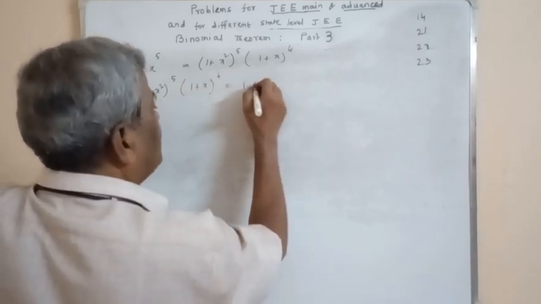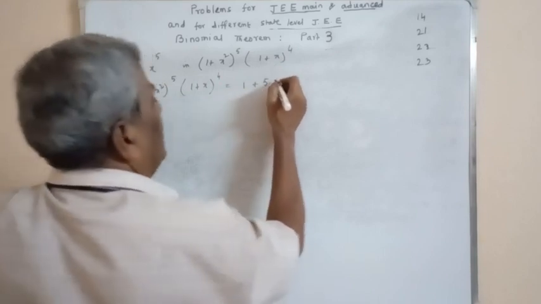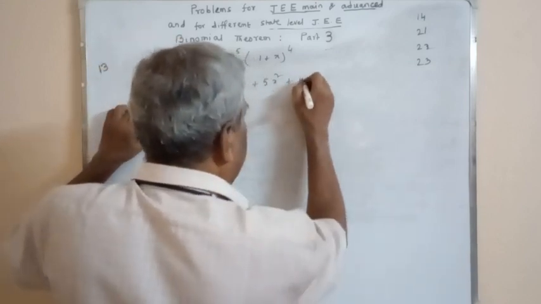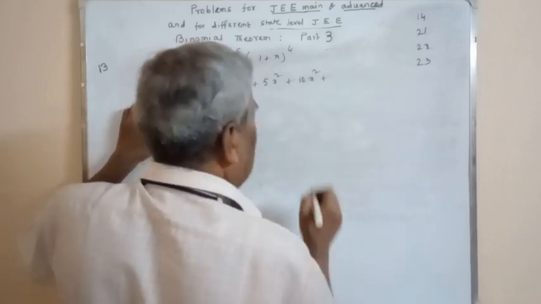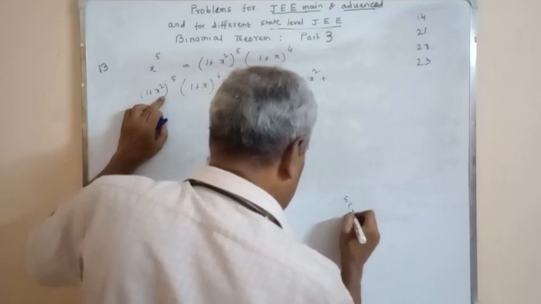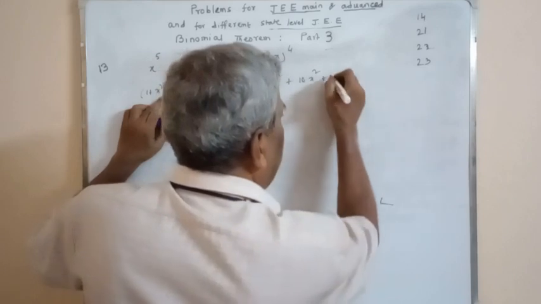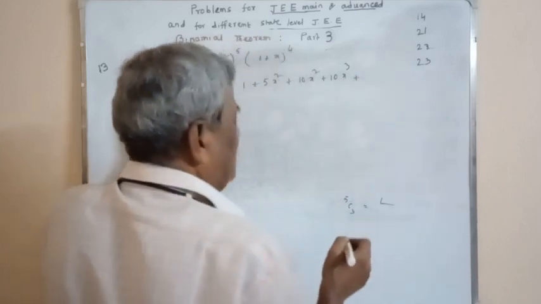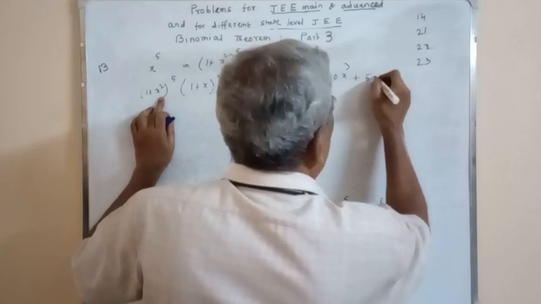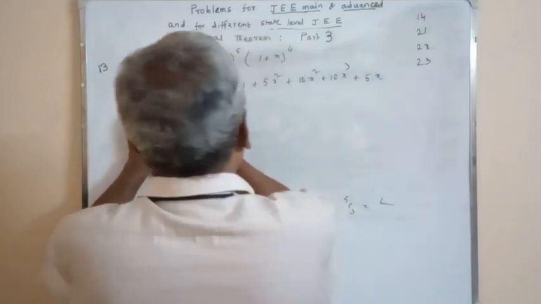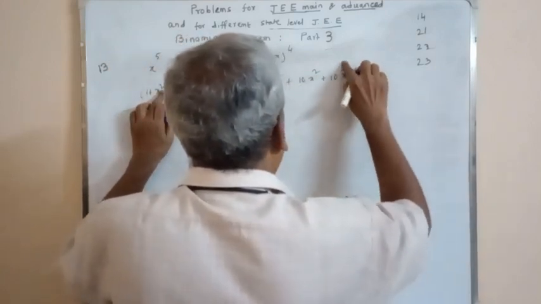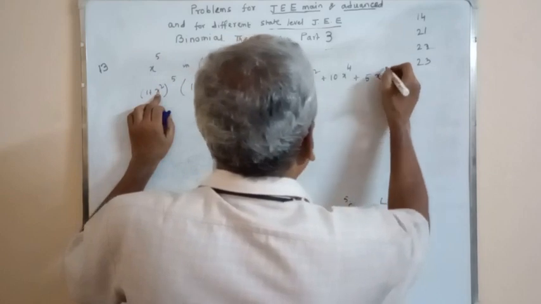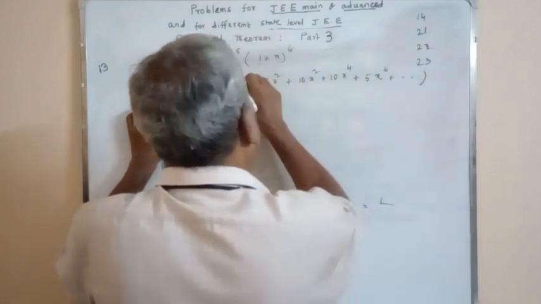It is 1 plus 5C1, that is 5 into x square, then 5C2, which is 10, 10 into x to the power 4, plus 5C3, which is equal to 5C2, again 10 into x to the power 6, and so on.